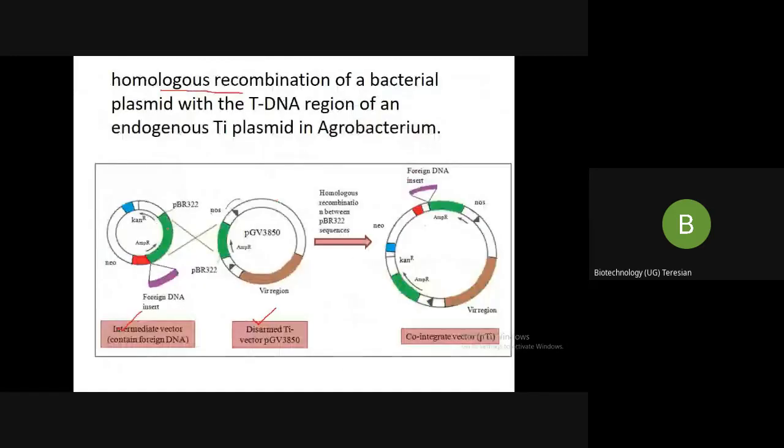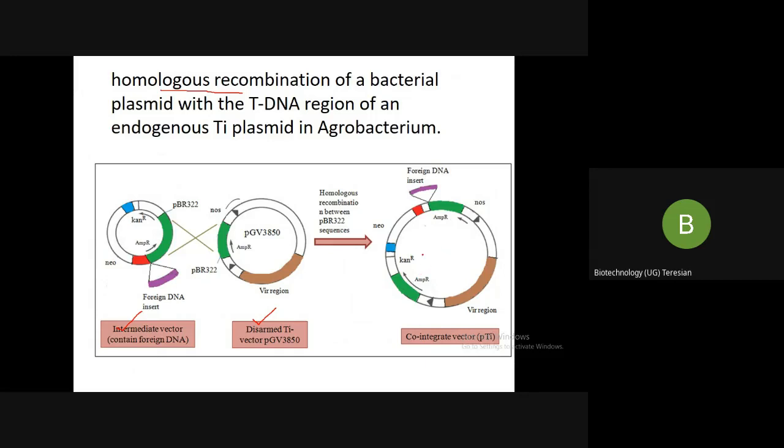I introduced this common sequence so that I can integrate these two, because these both have the same sequence, they can get integrated. Finally, I get a co-integrative vector. Look at this homologous recombination between the pBR322 sequence. So this is my sequence. This is my transformed T plasmid.